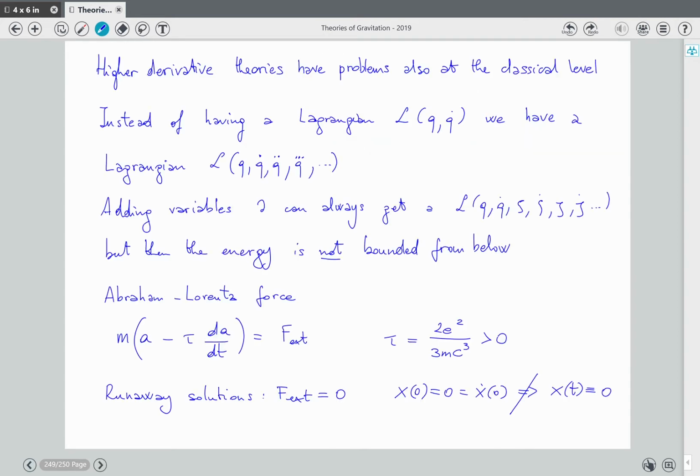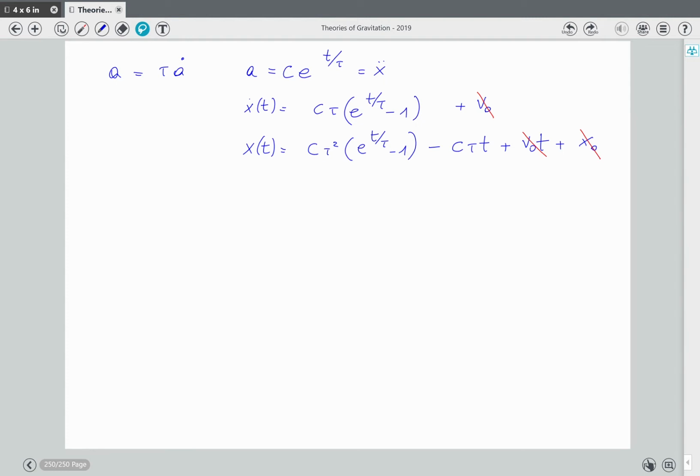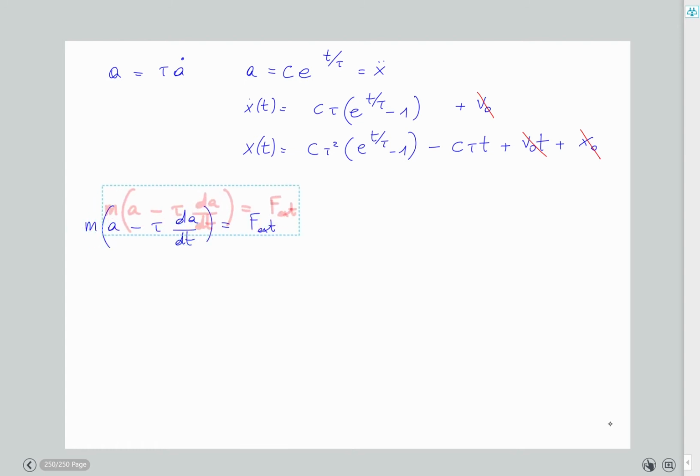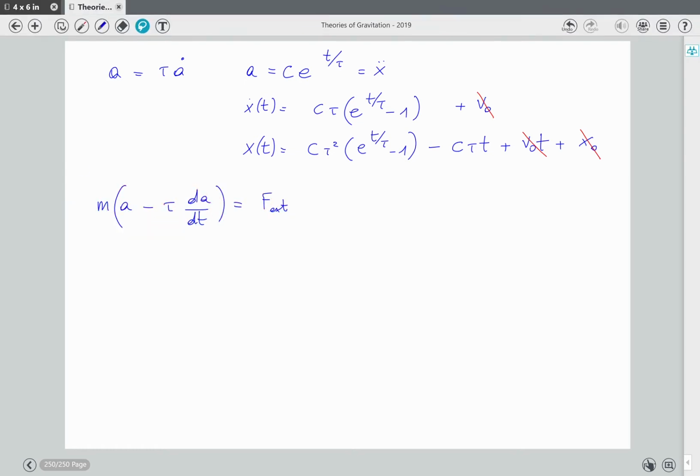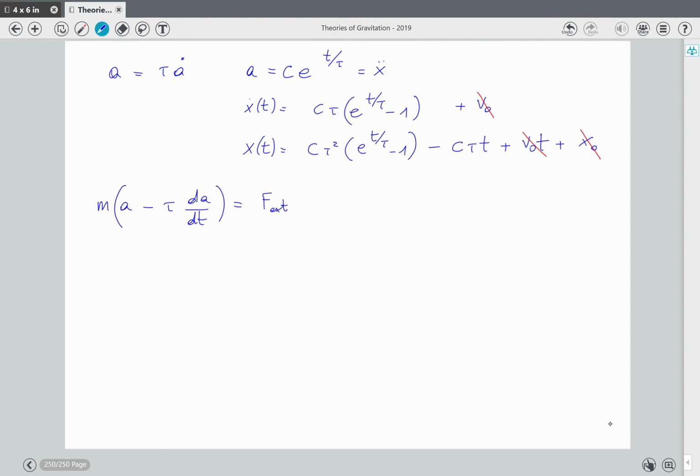And that's as follows. So let's write this equation in a slightly different form. Let me collect an operator here, 1 minus tau d over dt.